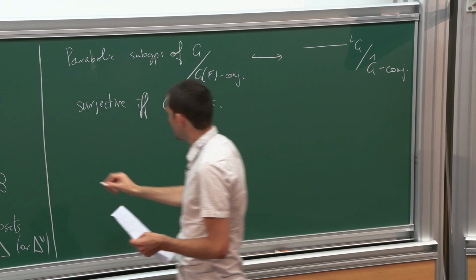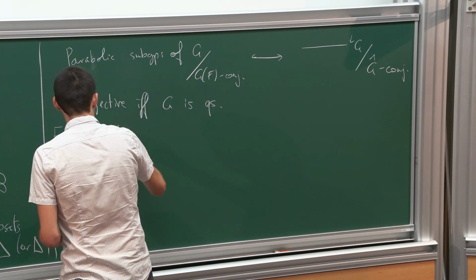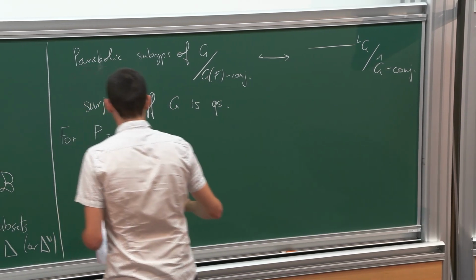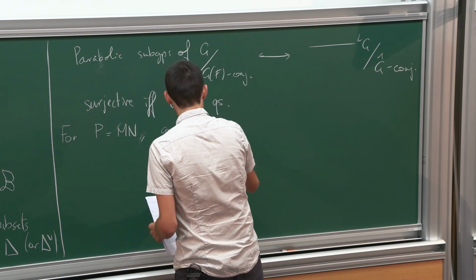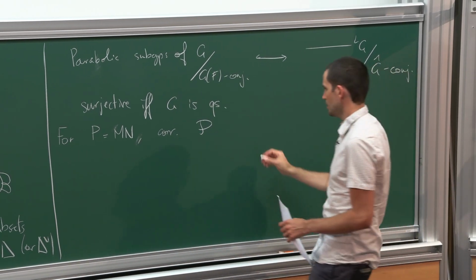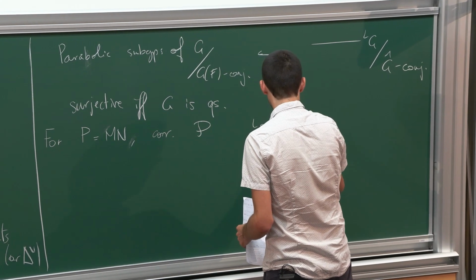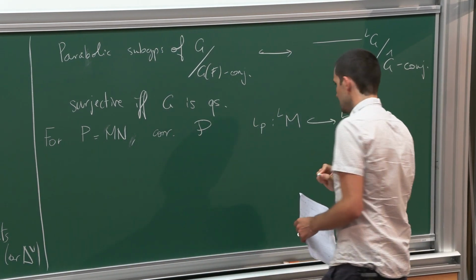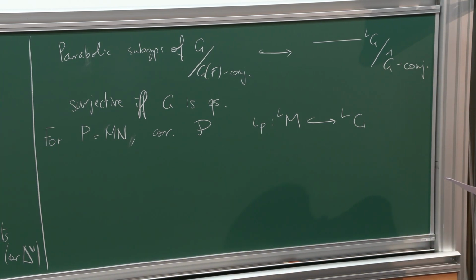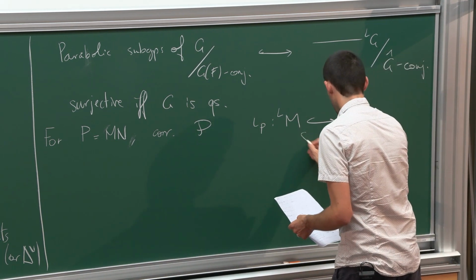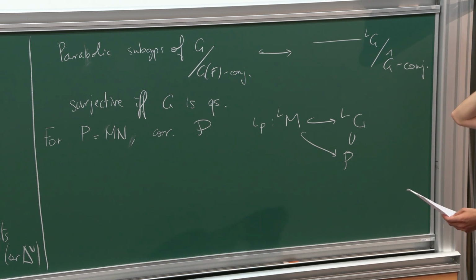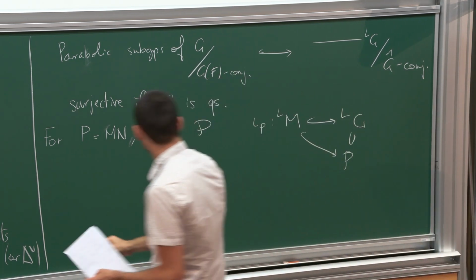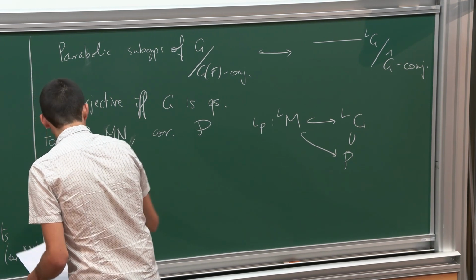Okay. And then for P with the Levi factor M like this, with the corresponding calligraphic P in LG, we have an embedding like this, so factoring through P. And okay, a fact which, surprisingly, was not stated in Borel's Corvallis paper.